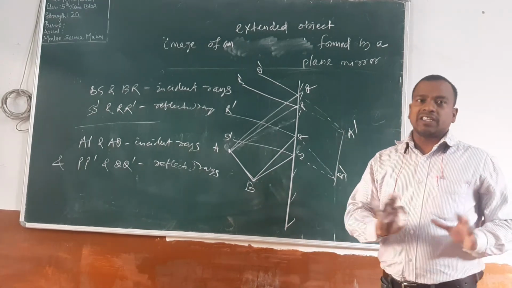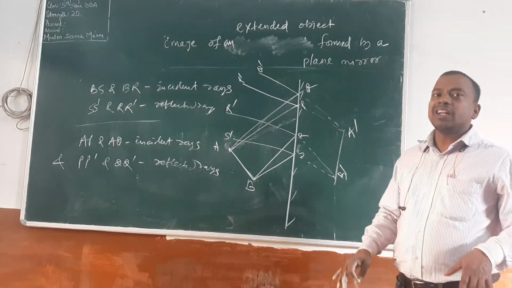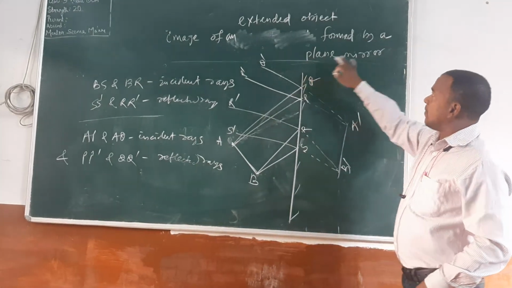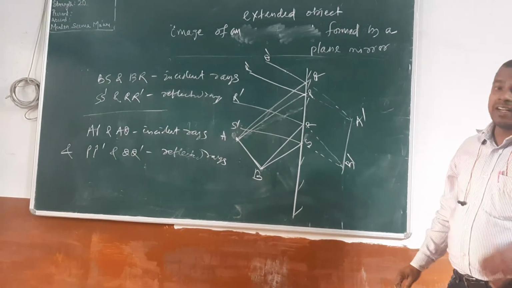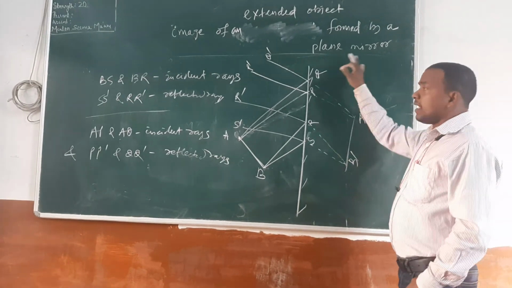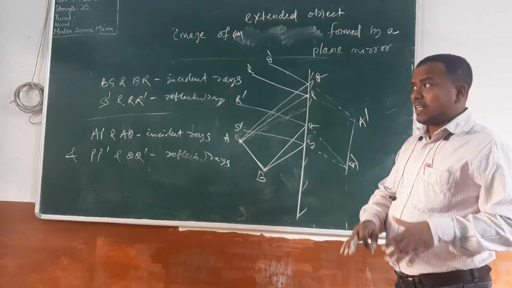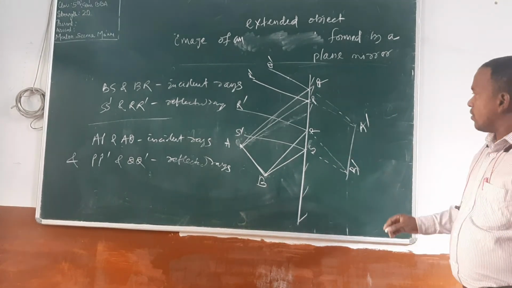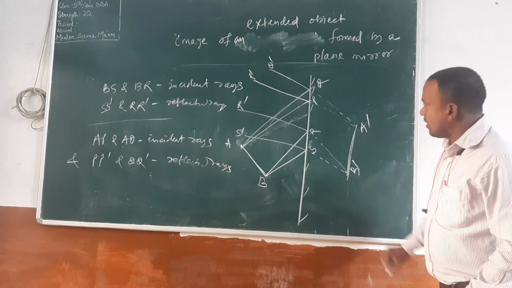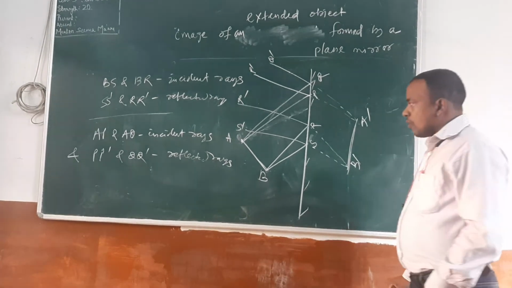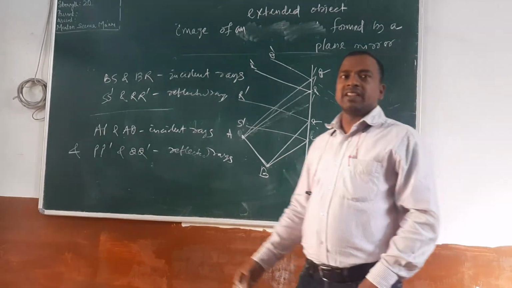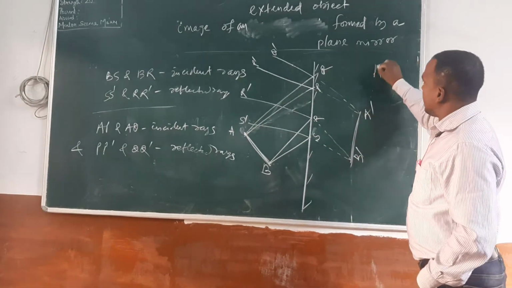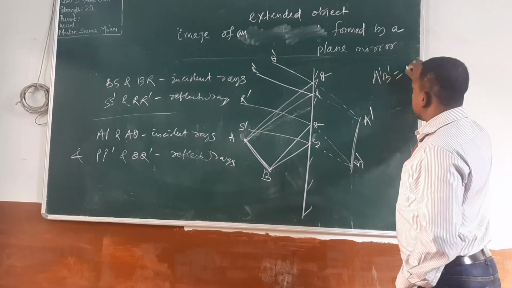They actually do not intersect each other. Images formed by plane mirrors are always virtual. So this image is the same in length as the object AB. Means A dash B dash is the same as AB.